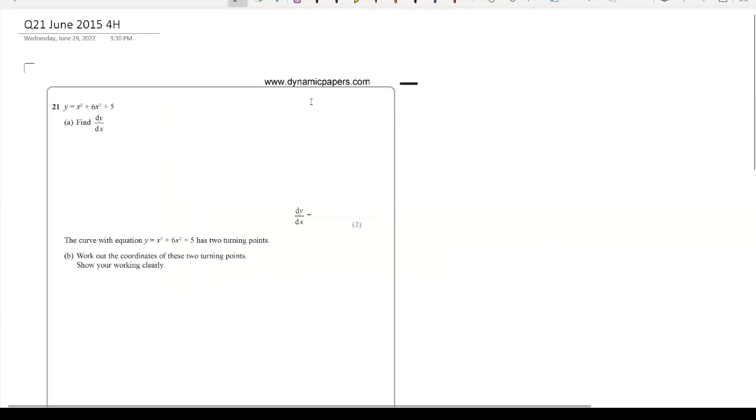If we have y equal to x to the power n, this gives dy by dx equals n x to the power n minus 1: bring the power down and reduce the power of x by one.